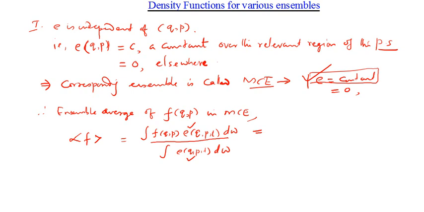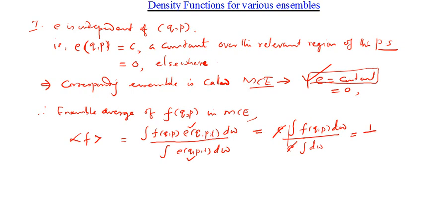What remains in the numerator is the integral of f(q,p) d omega, and rho and rho cancel away, and the integral of d omega in the denominator will give you omega.